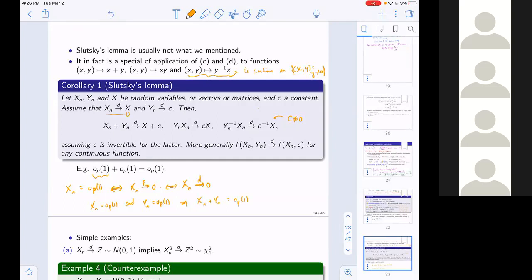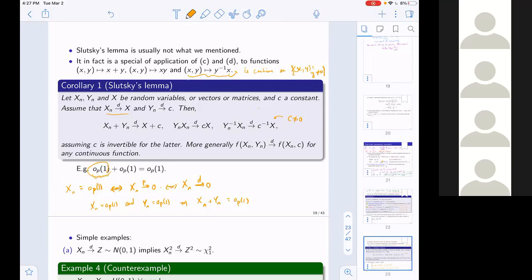This is 0, this is 0, so the sum converges to 0. This is written mnemonically as OP of 1 plus OP of 1 is equal to OP of 1. If I add them up, I get OP of 1.